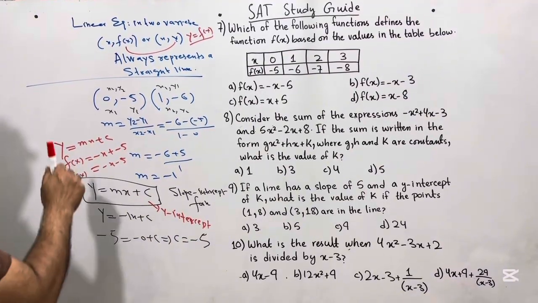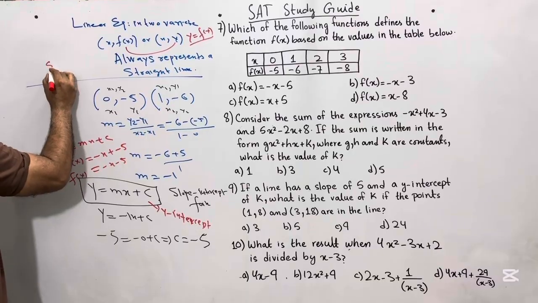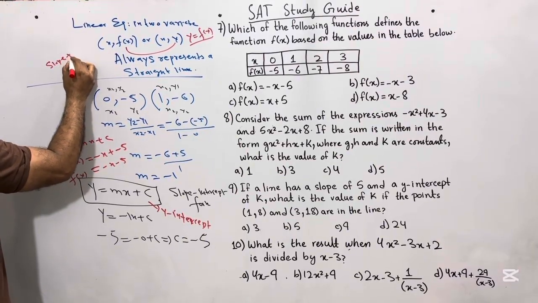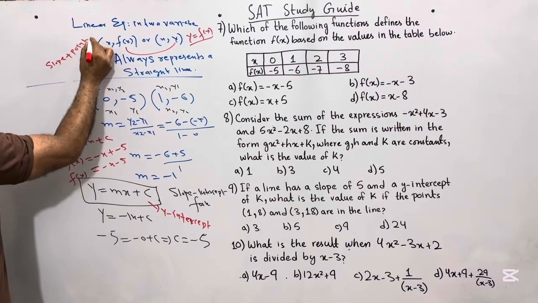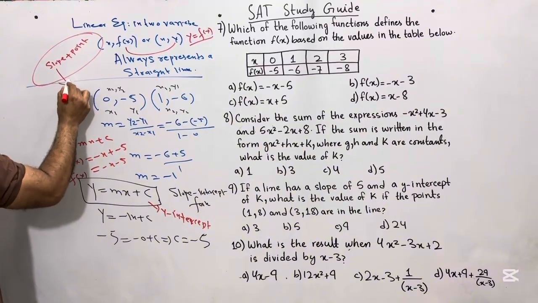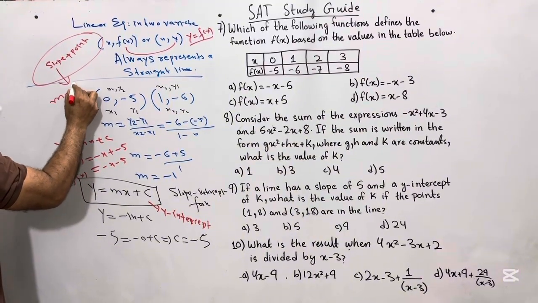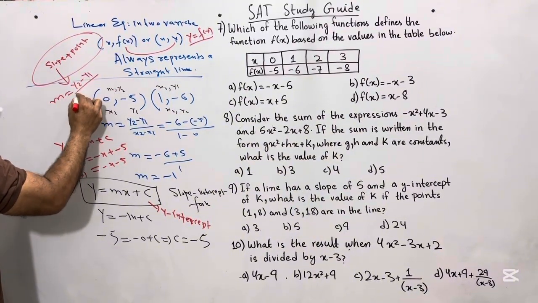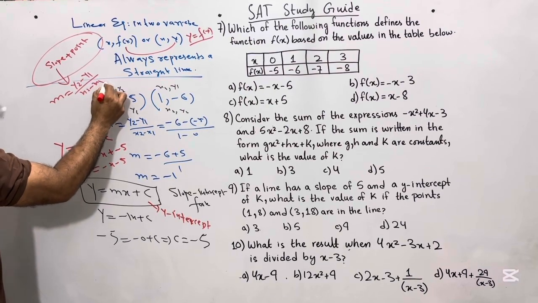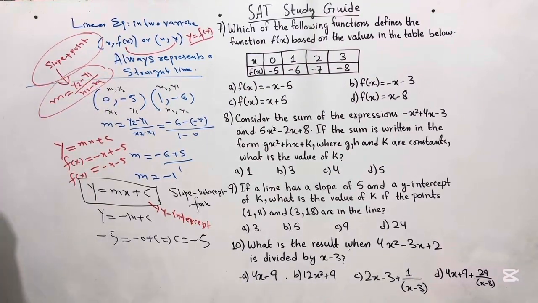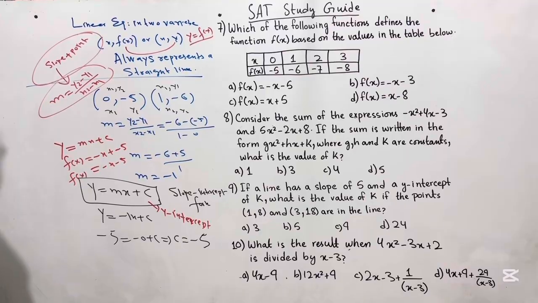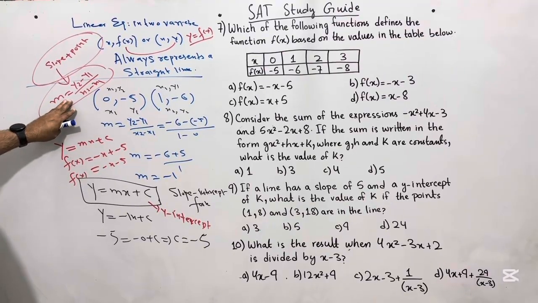To write the equation of a straight line, you need slope plus a point. Gradient can be obtained, when we have 2 points, by the formula y2 minus y1 over x2 minus x1.